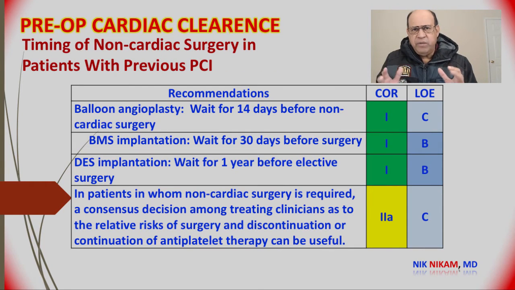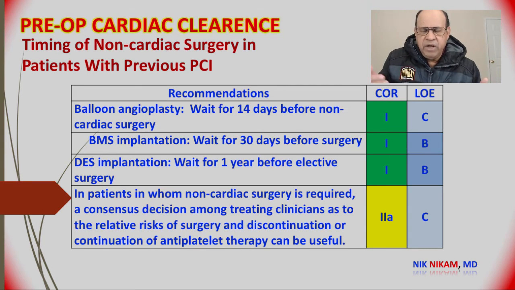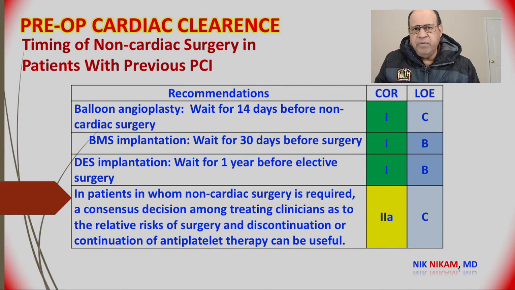Now let's talk about patients who have had coronary interventions who need non-cardiac surgery. Let's say we have a patient who had a balloon angioplasty or a stent, and now 3 months or 2 months or 6 months or 8 months down the line needs an abdominal surgery for colectomy or needs a gallbladder surgery.